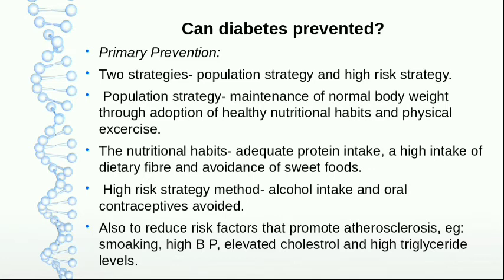The high-risk strategy includes avoiding alcohol intake and oral contraceptives. Also, it is wise to reduce risk factors that promote atherosclerosis, for example smoking, high BP, elevated cholesterol, and high triglyceride levels.